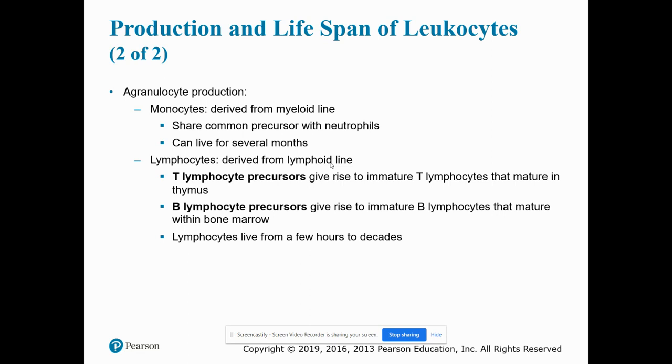And then we have B lymphocyte precursors, which give rise to immature B lymphocytes, which will mature in the bone marrow. If you're having problems remembering that, T lymphocyte matures in the thymus, which starts with a T, and B lymphocyte matures in the bone marrow, which starts with a B. And then lymphocytes themselves can live anywhere from a few hours to decades.